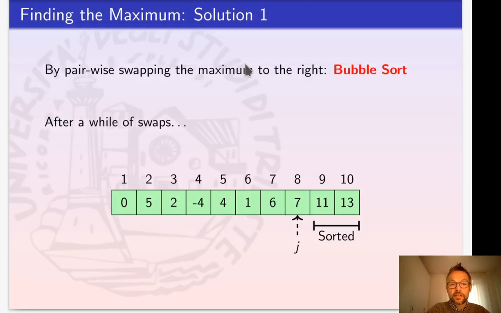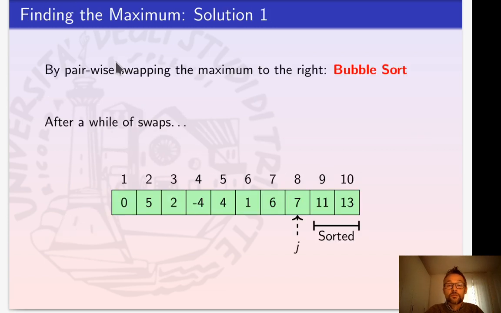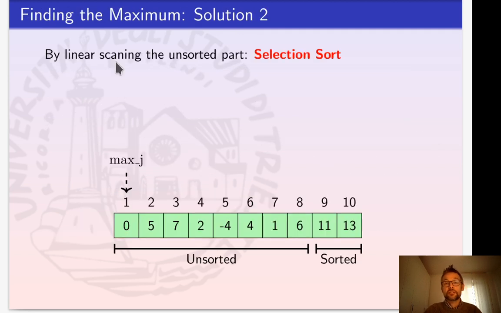Let's try to find a different strategy, a different strategy which basically searches the maximum by using a linear scan.